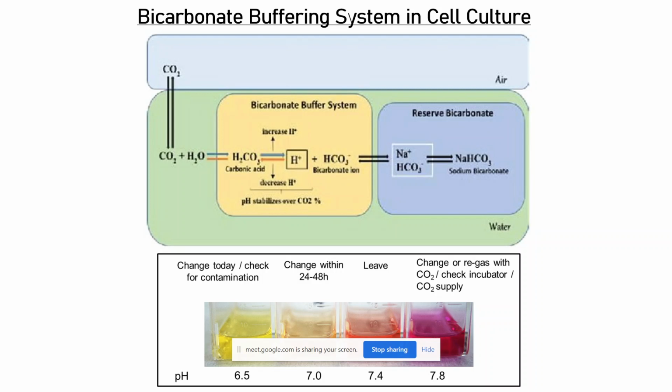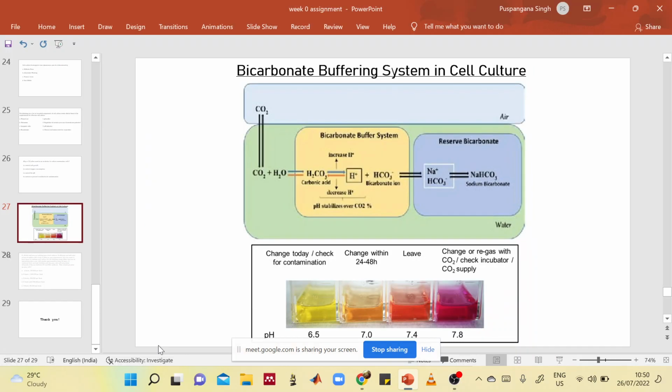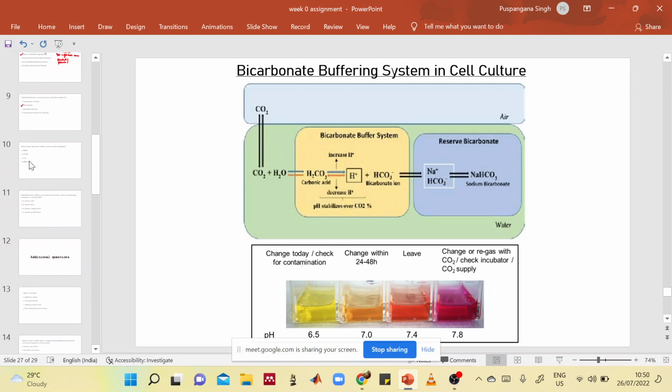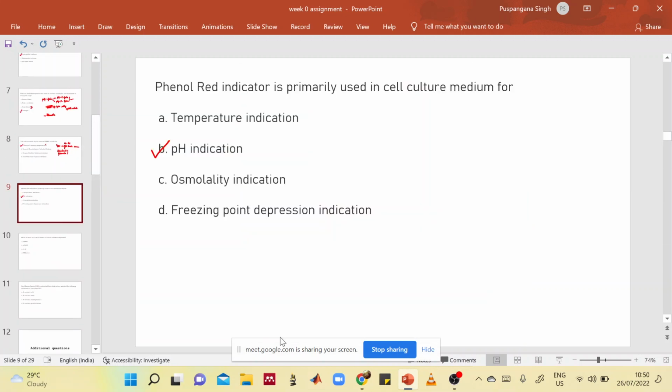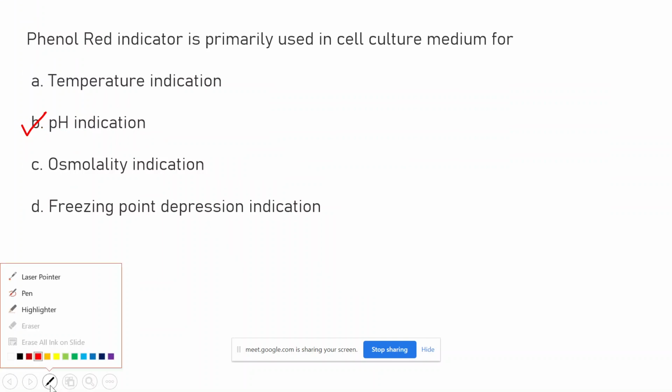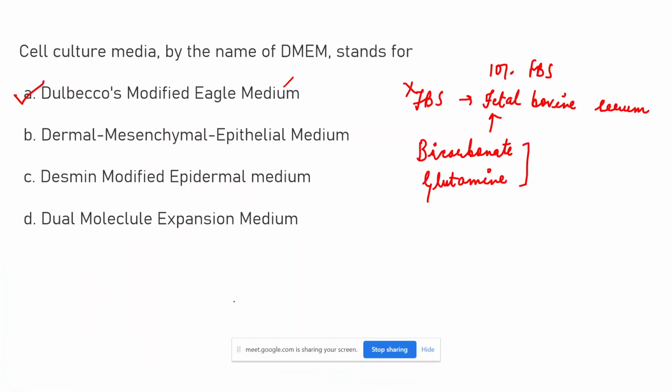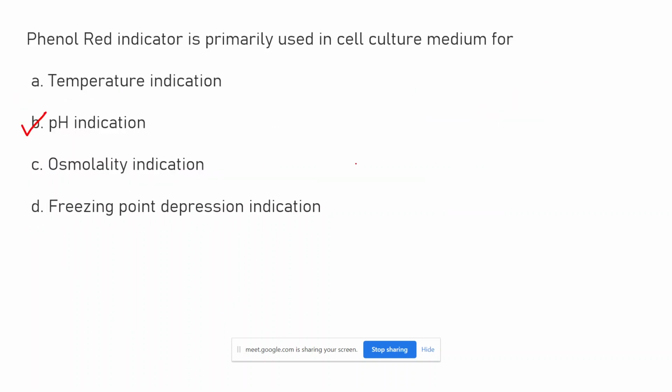So these are the range of colors which phenol red can show, and hence, for pH indication, phenol red is a very preferred indicator which is used in cell culture practices. So our DMEM mostly has phenol red, but there are some variants which are phenol red free also.